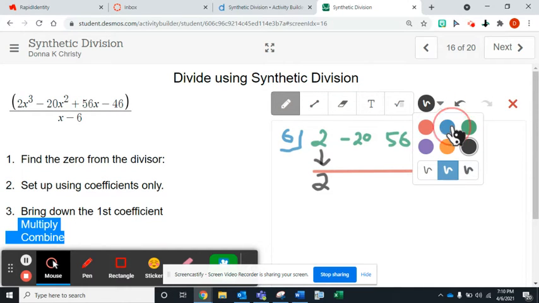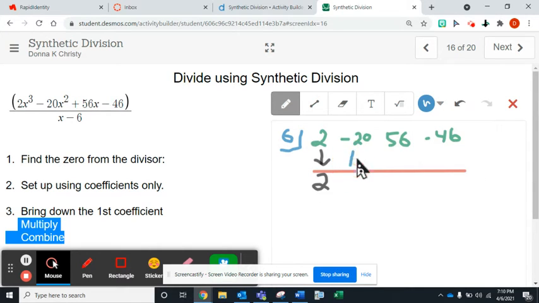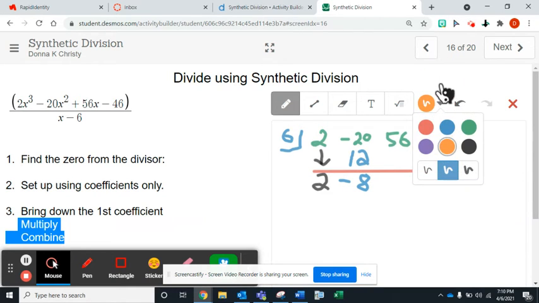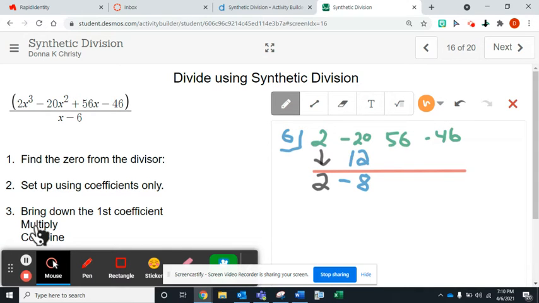So our first thing is we're going to multiply 6 times 2. The answer goes here, 12. Then we're going to combine these, in other words, just add them. This is a negative 20, this is a positive 12. That will give us a negative 8. Now we're going to do the same thing.